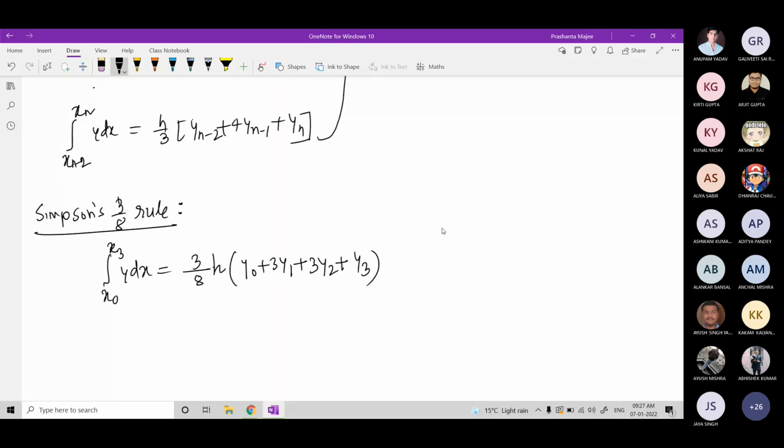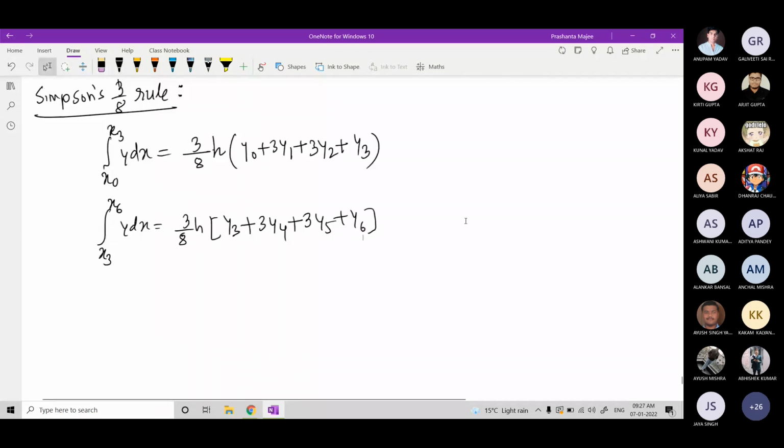So this is the value of the integration for the first 4 data. For the next 4 data, the value of the integration will be, tell me, 3/8 h, y3 plus 3 times y4 plus 3 times y5 plus y6.